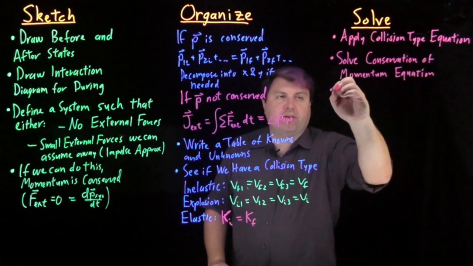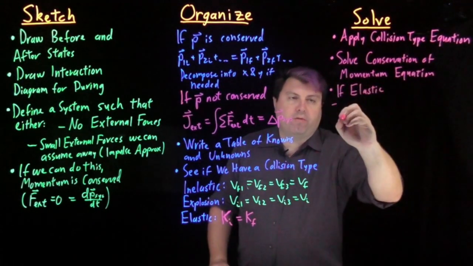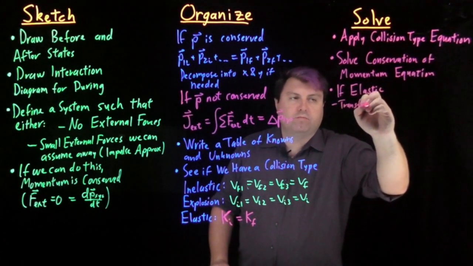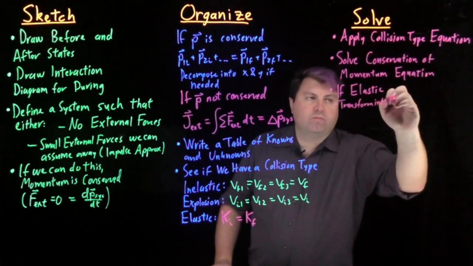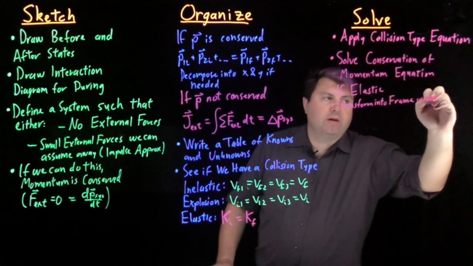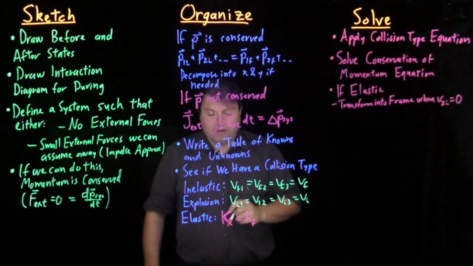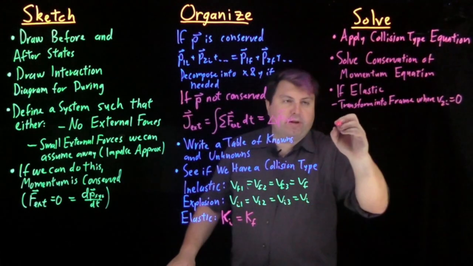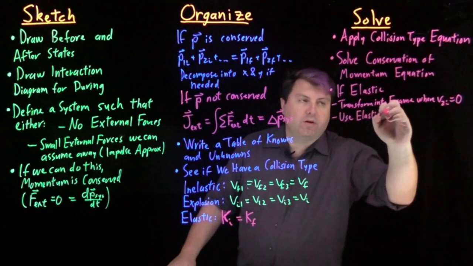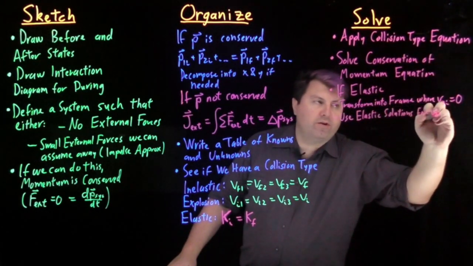If we happen to have an elastic collision, what we first need to do is transform into a frame where V2I is equal to 0. If we do this, then we can use our elastic solutions for V2I equal to 0.